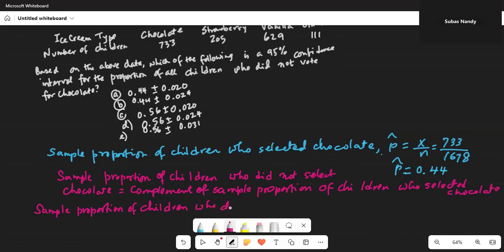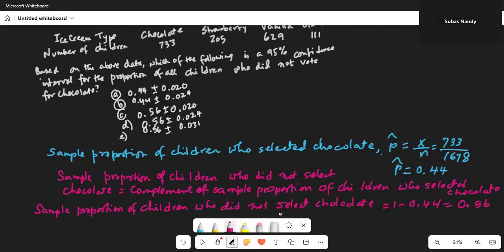That will be the complement of the sample proportion of children who selected chocolate. Because we know the proportion of children who selected chocolate, the sample proportion of children who did not select chocolate will be 1 minus 0.44, which is 0.56.